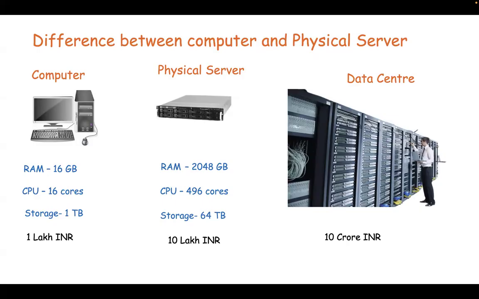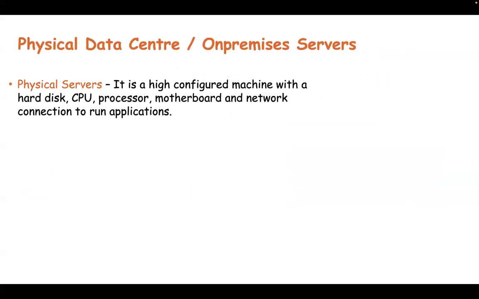This setup we call a data center. You can see in the picture that this data center has a lot of physical servers. So I need to set up this kind of environment in my office. For that, it will be a huge investment of 10 crore. So a physical server is a high configured machine with a hard disk, CPU, processor, motherboard, just like a computer.